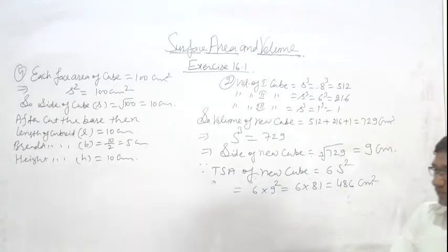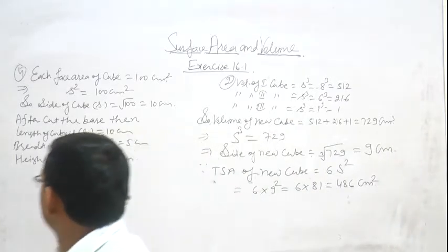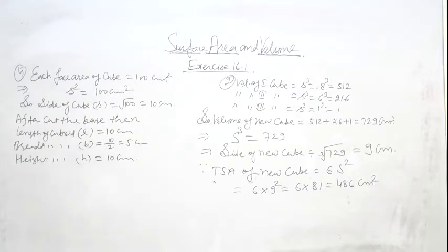According to question, cube is cut parallel to the base. If parallel surface of base cuts the cube in two equal parts, so after cutting we get a cuboid.